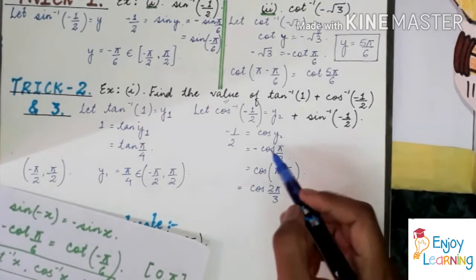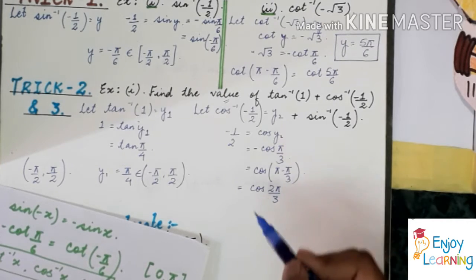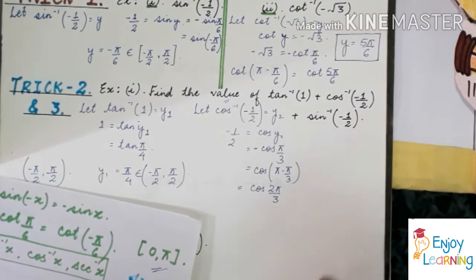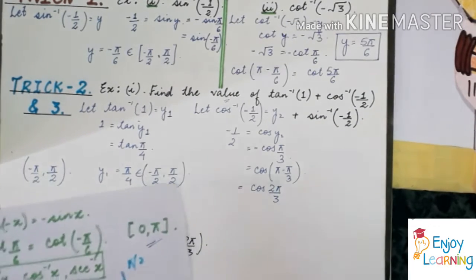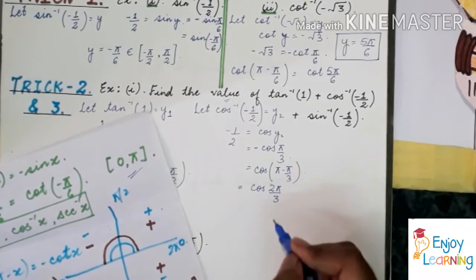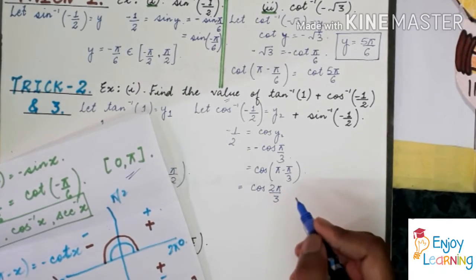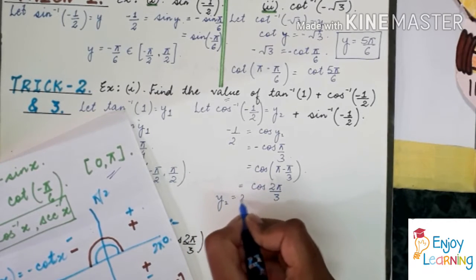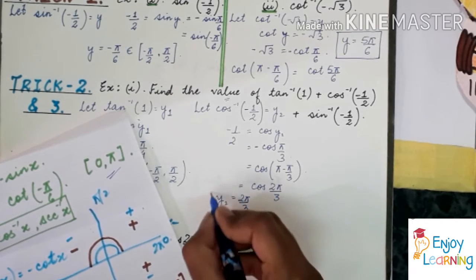So since cos y2 is equal to cos 2 pi by 3, can you say that y2 is equal to 2 pi by 3? First check the principal value branch. In the principal value branch from 0 to pi, 2 pi by 3 lies. Therefore, you can say that y2 is equal to 2 pi by 3.